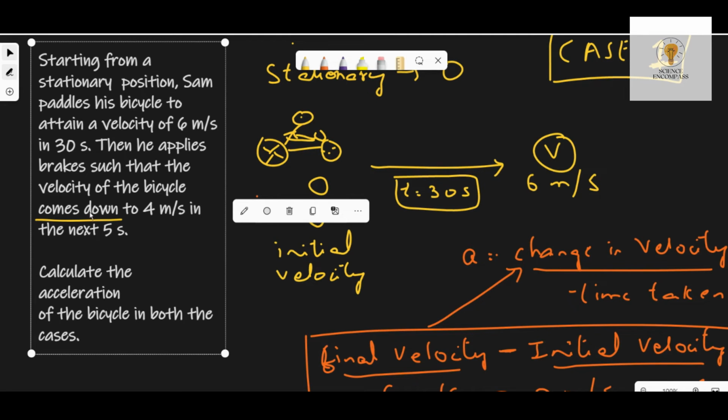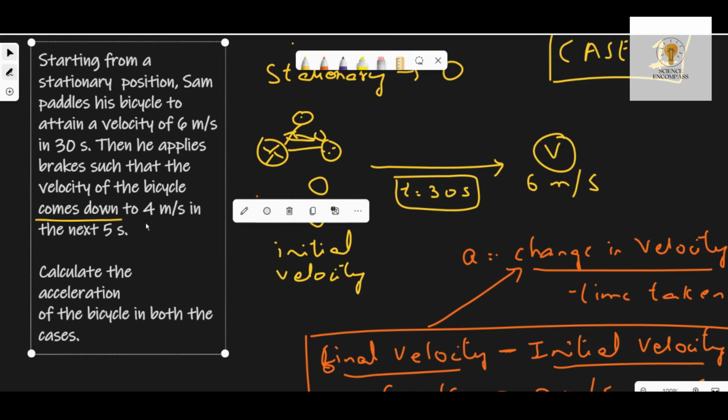So basically it is decelerating, which is just the opposite of acceleration. He is putting on the brakes, and now the bicycle is slowing down to 4 meter per second in the next 5 seconds.